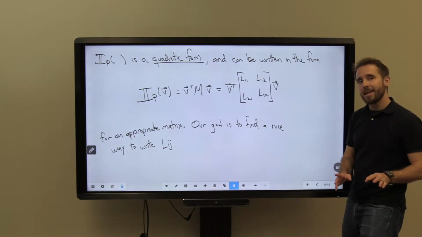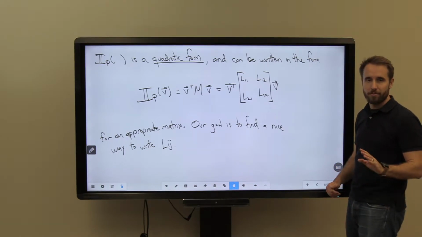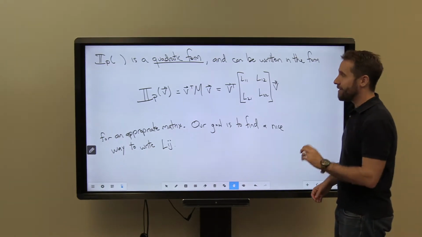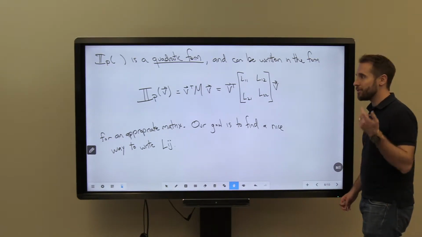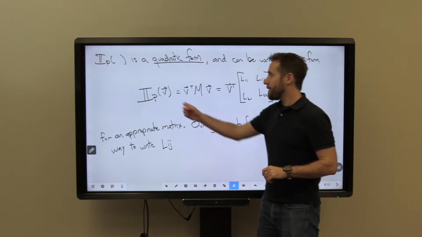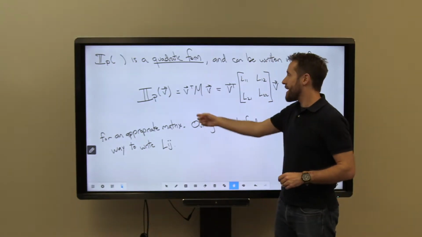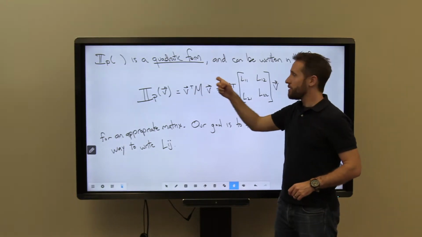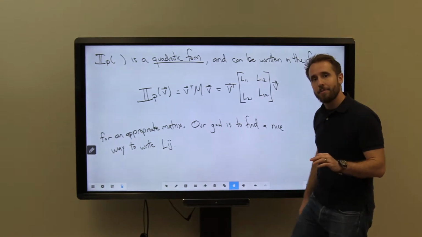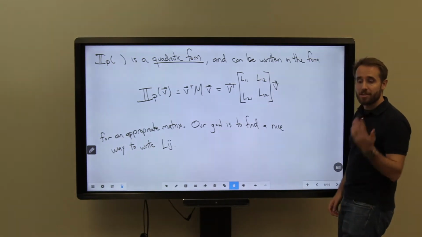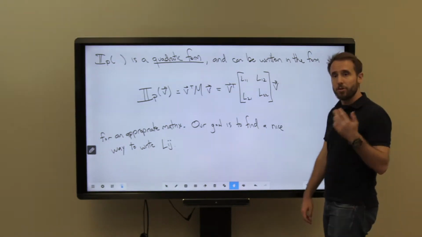And I'll simply say as a fact, maybe a linear algebra fact, but we can assume that this is true, that the second fundamental form can be written in matrix notation. Specifically, if I want to plug in a vector v to the second fundamental form, that can be written as v transpose times M times v for an appropriate matrix M. And because our tangent space is a tangent plane, two-dimensional, then our matrix should be a 2x2 matrix.